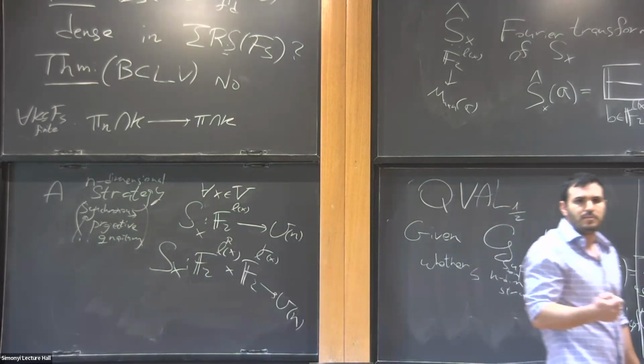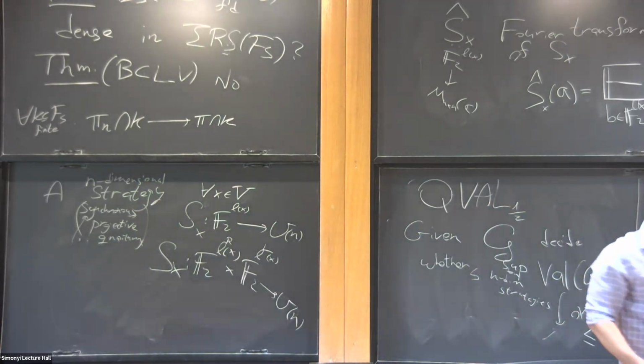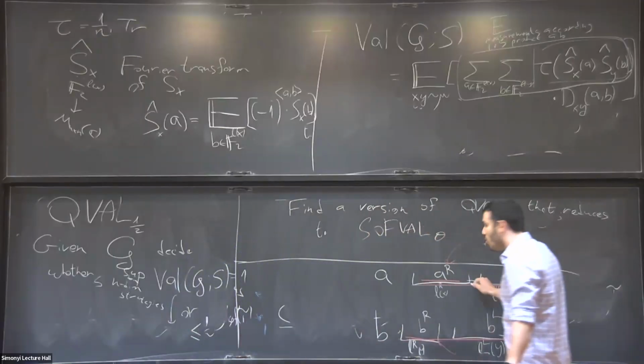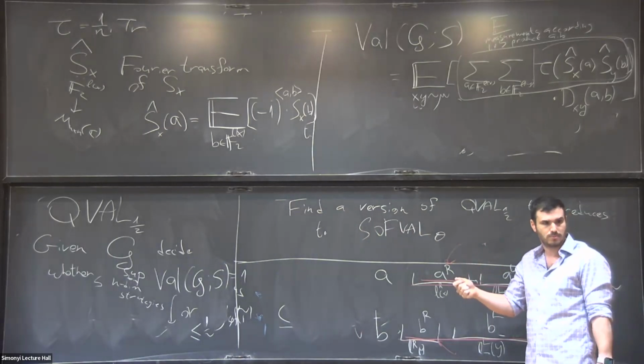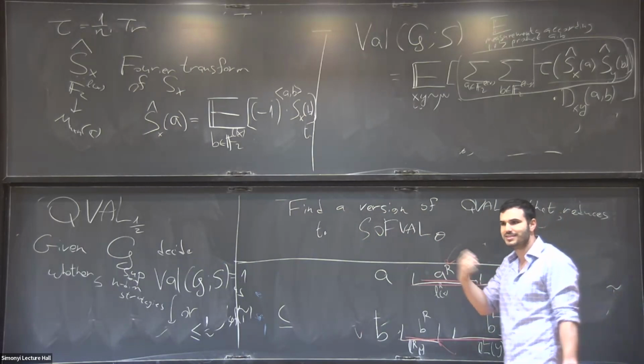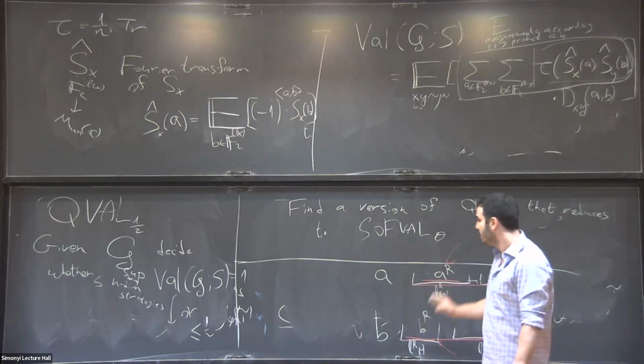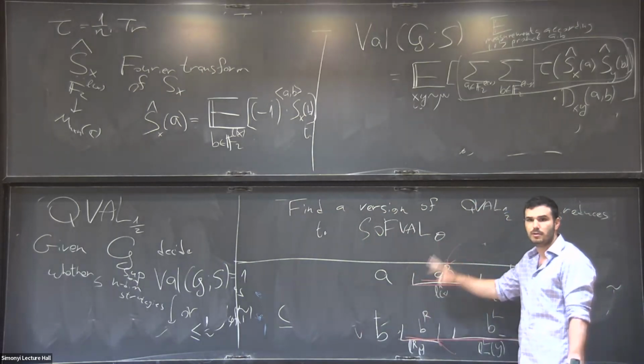So what does it mean? It means that I'm forcing the provers. If you push the readable part more and more to the left, the provers have less and less strategies to use. I'm restricting the provers in the kind of strategies they are allowed to put on the readable parts.